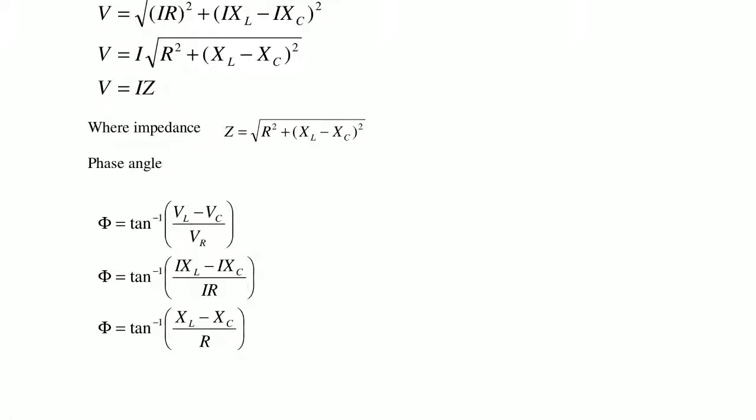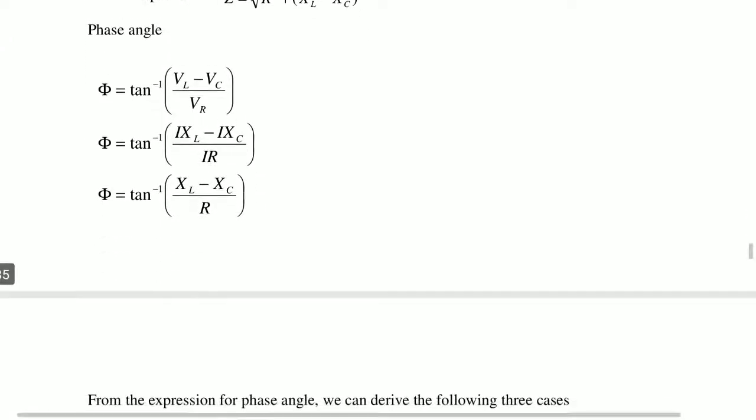So pi is equal to tan inverse of (VL minus VC) divided by VR. VL is IXL, VC is IXC, VR is IR. Substituting these in the phase angle equation, we get pi equal to tan inverse of (XL minus XC) by R.